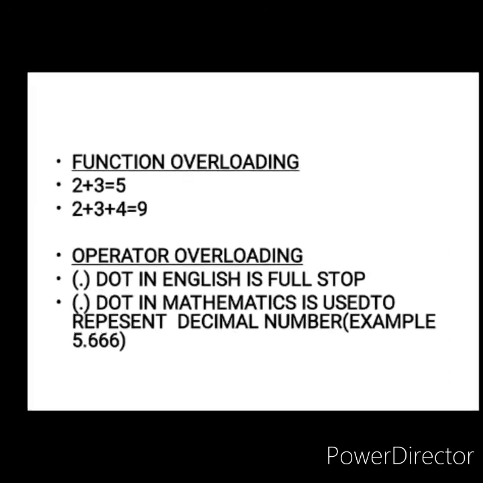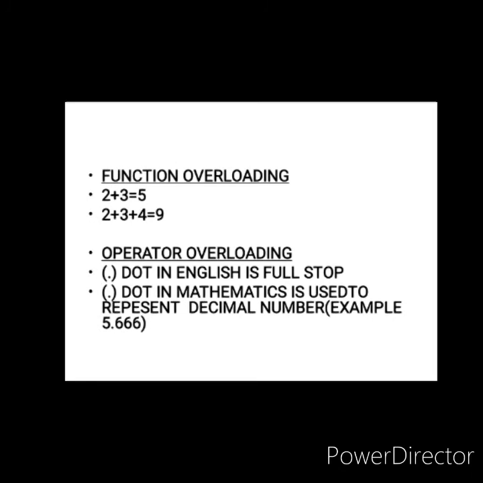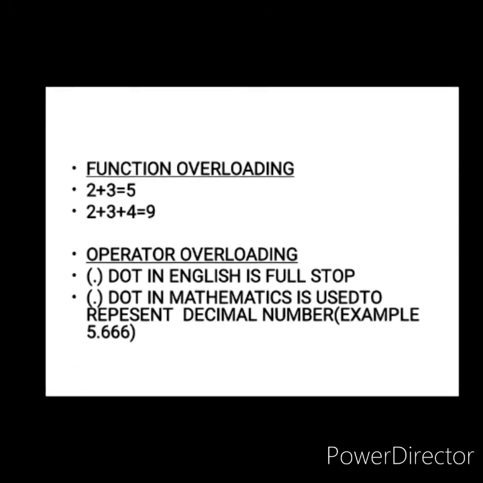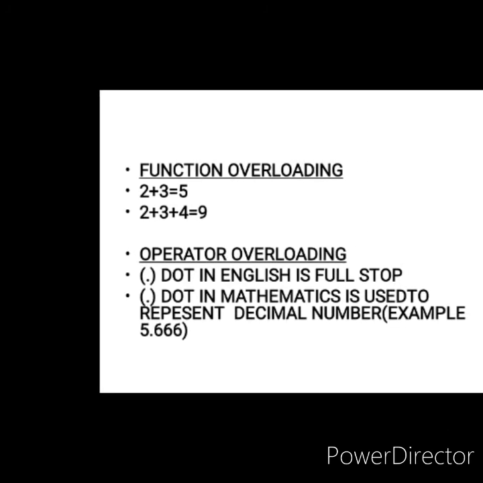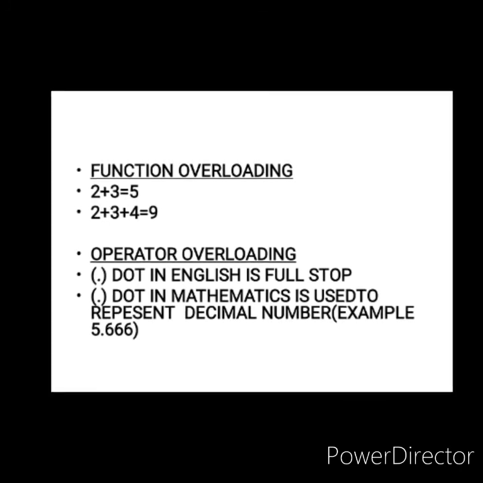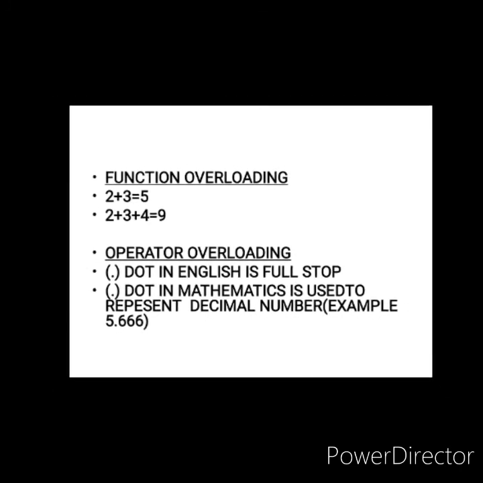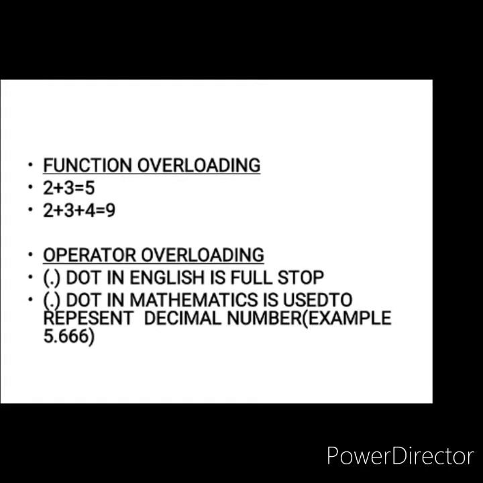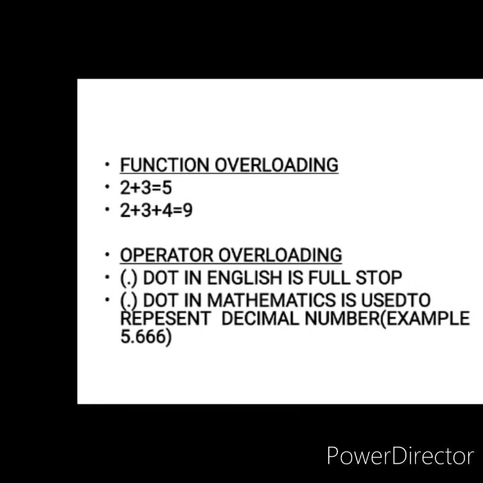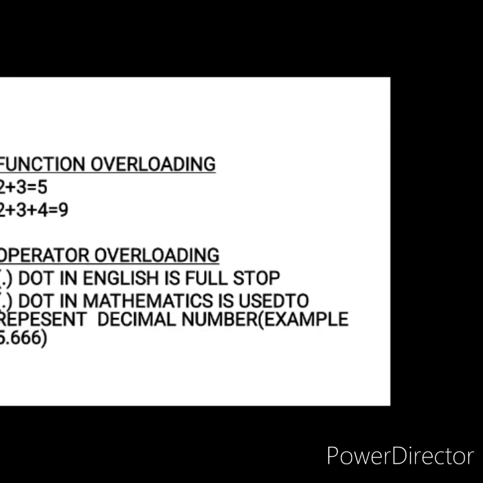Now let us go to the next kind of overloading, which is called operator overloading. Operator overloading means a single operator can have more than one meaning. Now let us consider the example of the dot. This dot can be used in English as well as in mathematics.